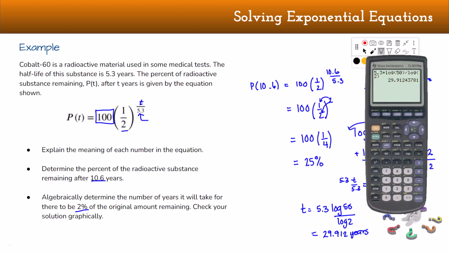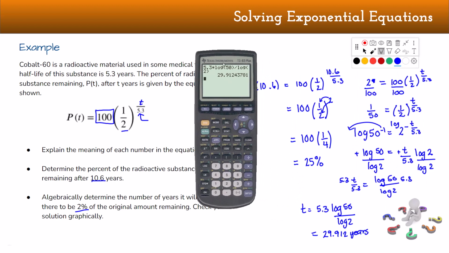And it says to check this graphically. Let's grab that calculator again. And here I'm going to put in my y equals, I'm going to put 2 on this side. And on this side, remember, I'm going to put my 100 bracket 0.5, or 1/2 if you wanted to, exponent x divided by 5.3.